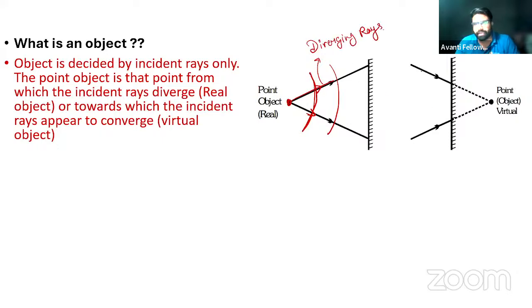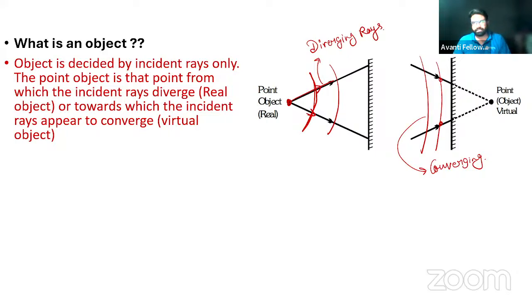And converging rays are those which, after some instant of time, appear to come closer to each other. The ray which is moving away from a point is diverging, and the ray which moves towards the point is a converging beam or converging rays.